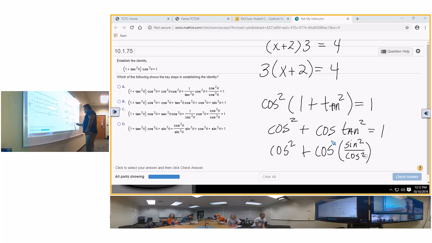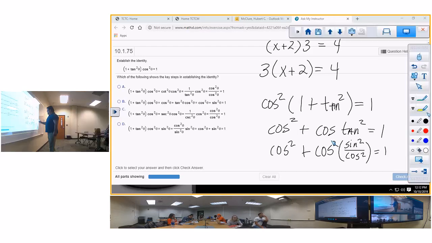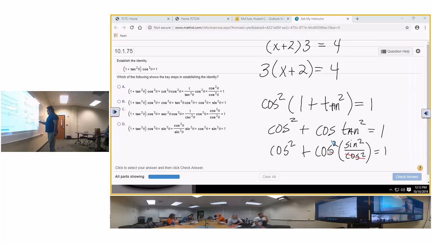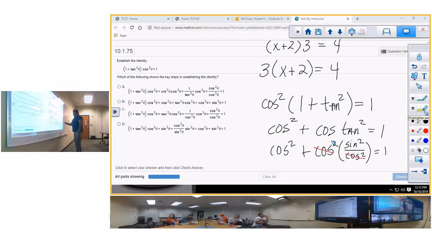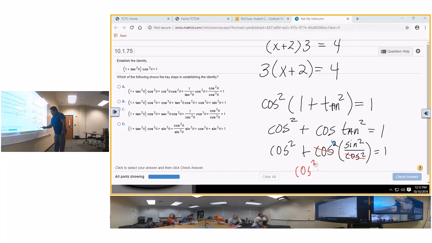Cosine squared. And what happens to the cosine and the cosine squared? Cancel. Now that should be squared, cosine squared. That should cancel. And you're left with cosine squared plus sine squared. And what's cosine squared plus sine squared? 1. Then you feel good about yourself.